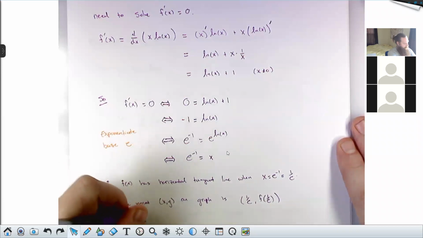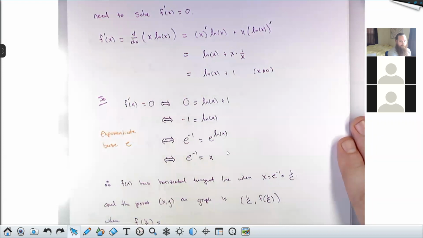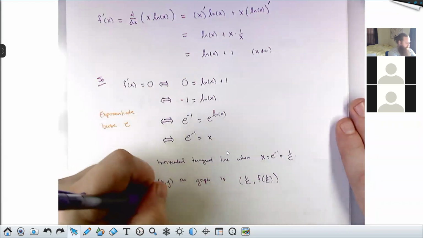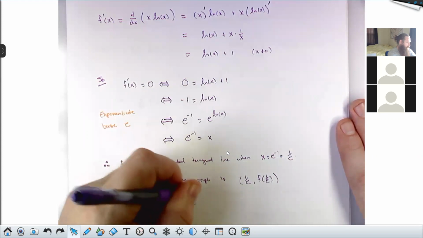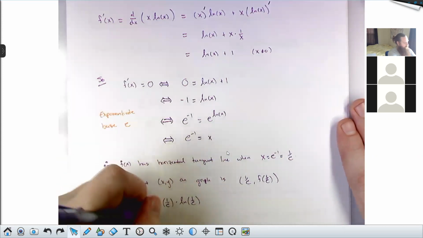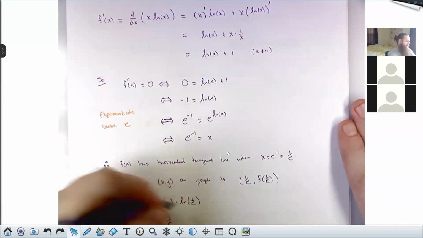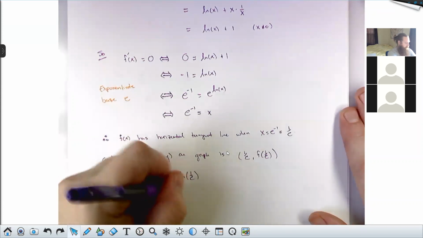And f of 1 over e, remember f of x is x ln x. So f of 1 over e is 1 over e times the ln of 1 over e. What is the natural log of 1 over e? -1. Very good.